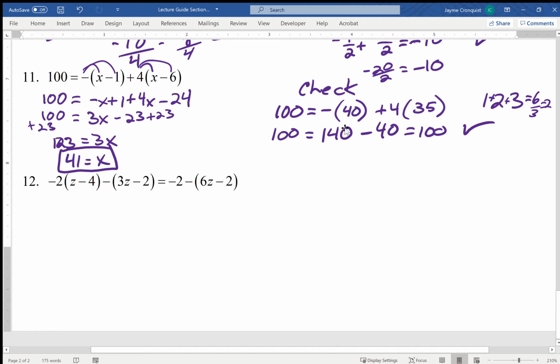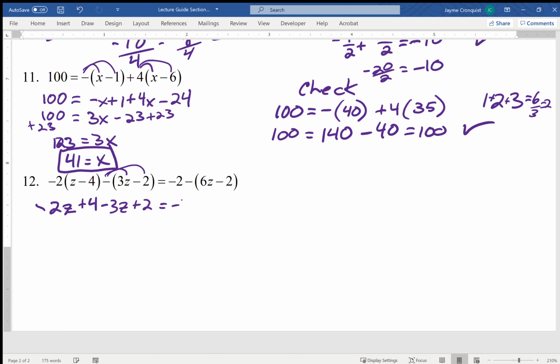Okay. 12. We're going to distribute minus 2z plus 4. Distribute the negative. Minus 3z plus 2 equals negative 2 minus 6z.